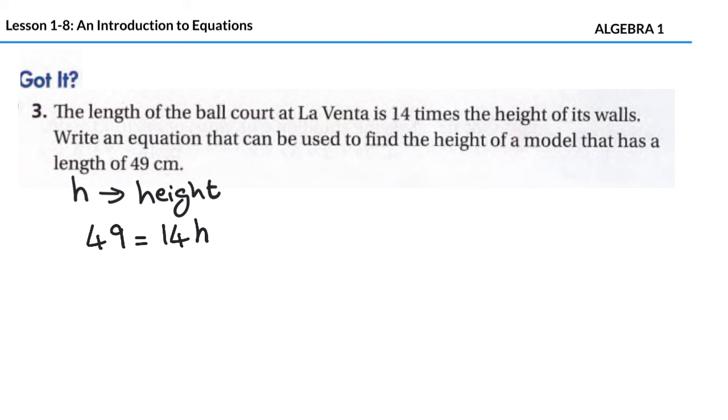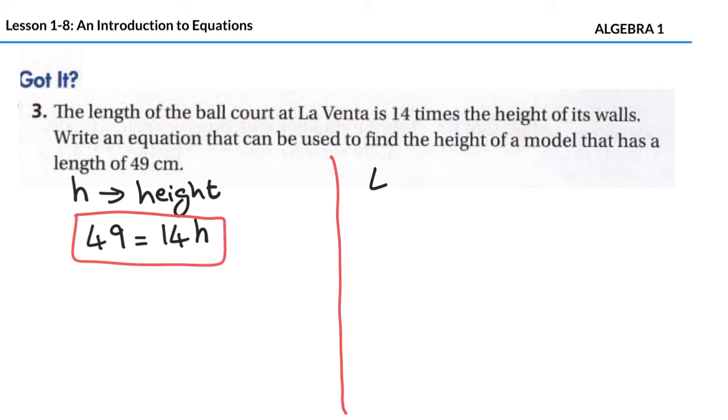Now we can easily figure out the value of h. This is the equation. How would you go about doing it? We know that 49 is equal to 14h. We want only h. How will you get rid of 14?